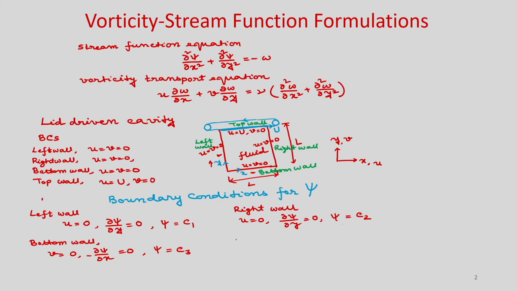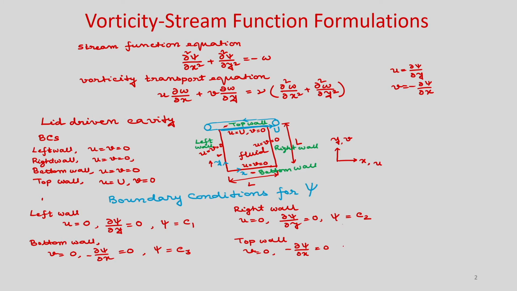Okay. Similarly, on the top wall, if you consider the top wall, what is the normal velocity? v is equal to 0, and you can write minus ∂ψ/∂x is equal to 0. Why? Because u is ∂ψ/∂y and v is equal to minus ∂ψ/∂x, you know, right.